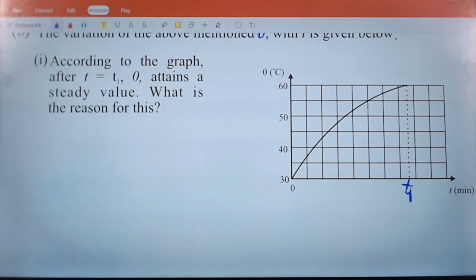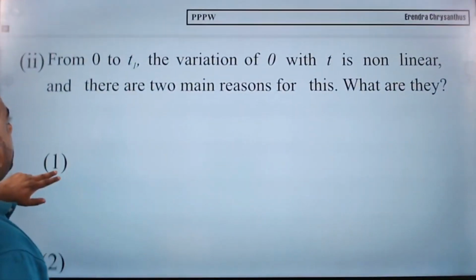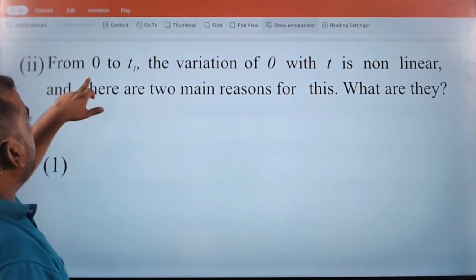Therefore, constant temperature is reached.